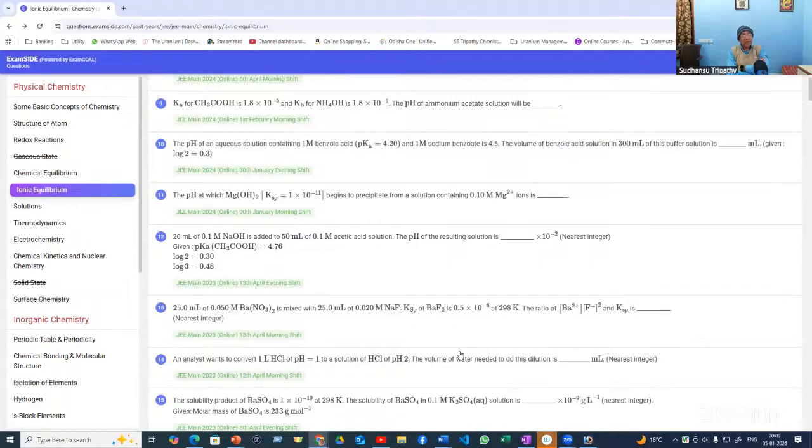But after adding, because the two volumes are not the same, out of 300, 200, 100, supposing 250, 50, they have changed. The final concentration has changed. So therefore, you cannot say 1m, its value is nothing. So supposing we will solve this problem, understanding what the question setter is thinking.